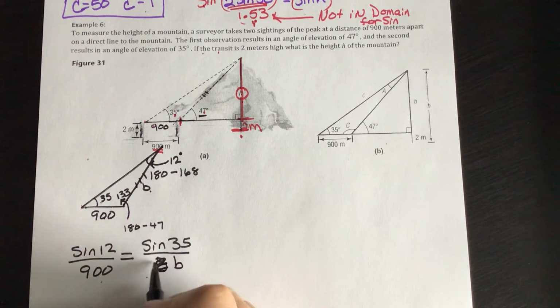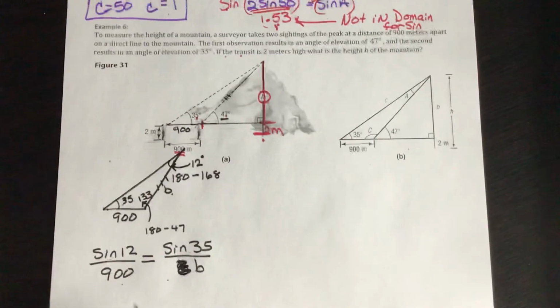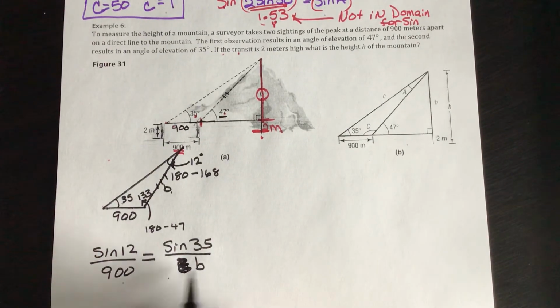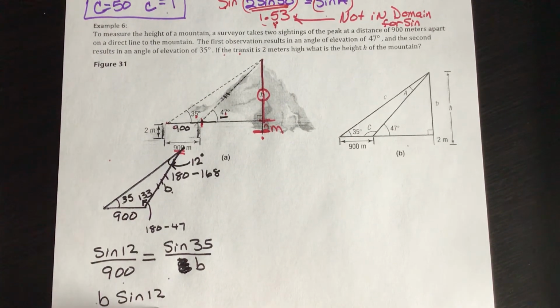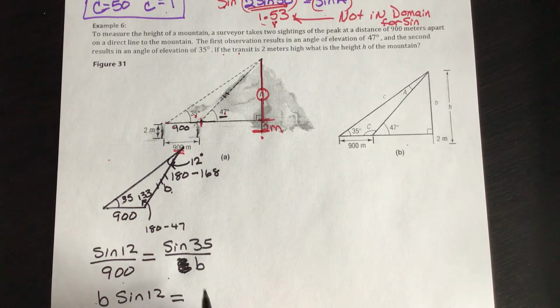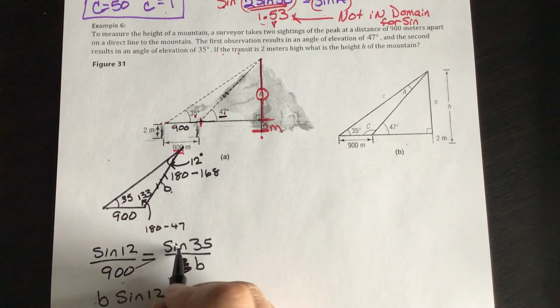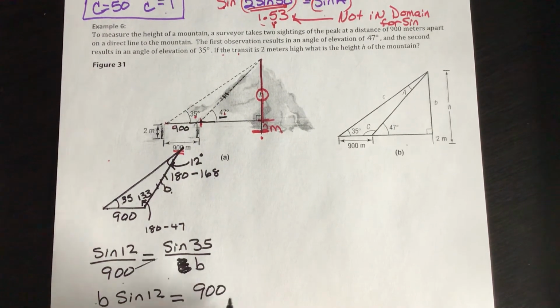Now I'm going to do my cross products. I'm going to have b sine 12 equals 900 sine 35.